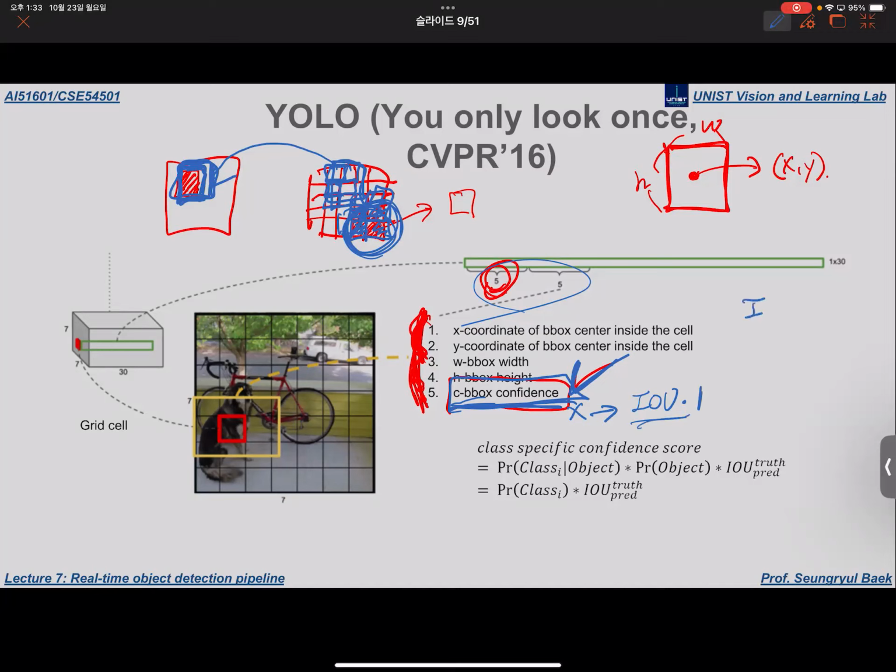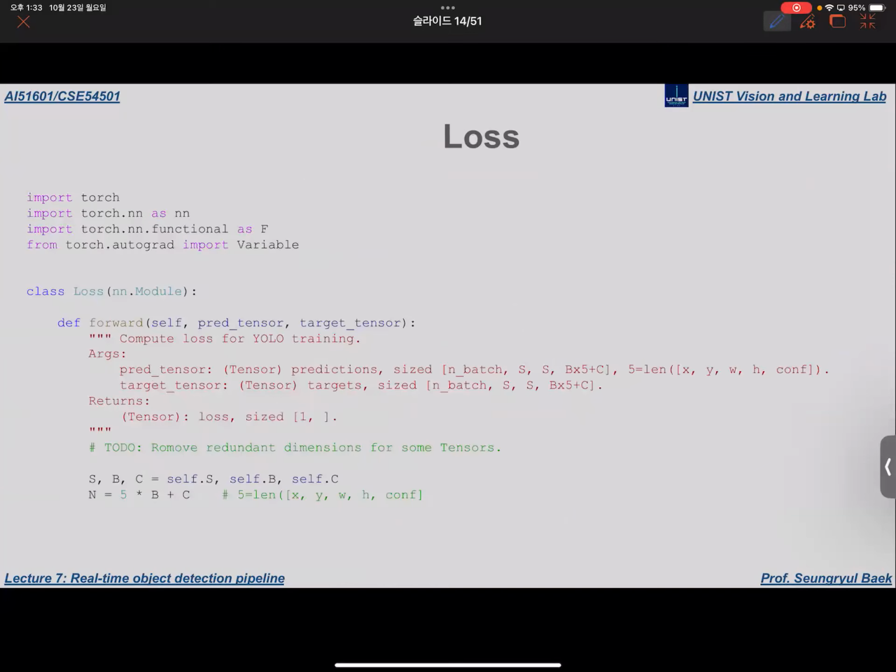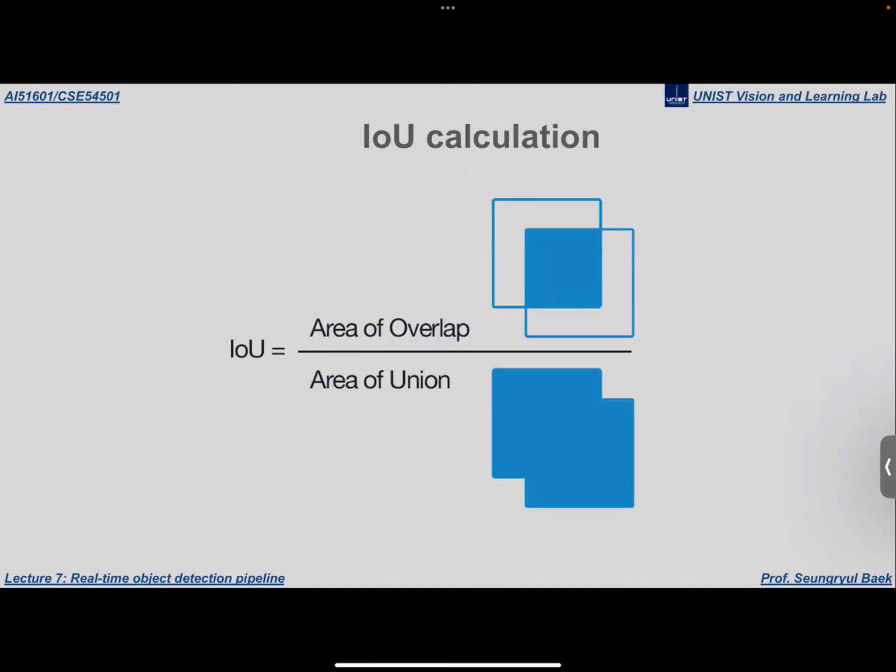So IOU is the intersection over union. This is the measure for measuring how two bounding boxes are intersected. I will show this figure first. This is the IOU, the intersection over union.